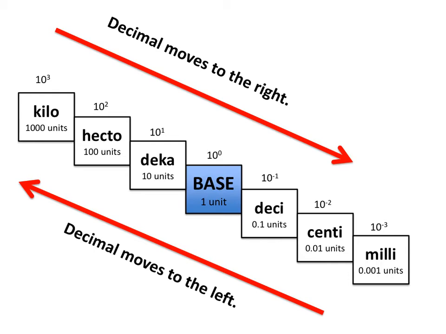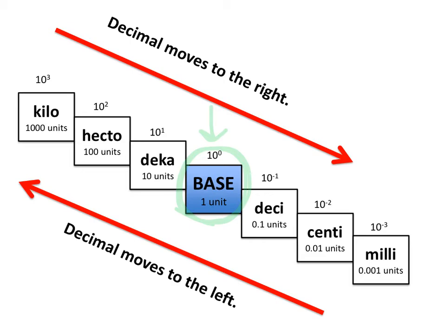Now let's put some real prefixes in there. Base unit in the middle. And we'll talk about our base units in a second. Notice above where it says base unit, it says 10 to the 0 power.